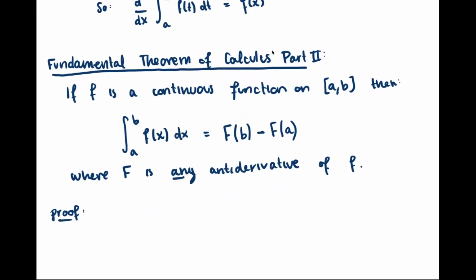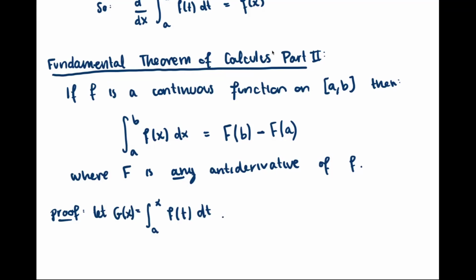So from part 1, I have a favorite antiderivative, which is the integral from a to x of f of t dt. I'm going to call this capital G of x. Part 1 of the fundamental theorem of calculus tells me that G of x is an antiderivative of f.